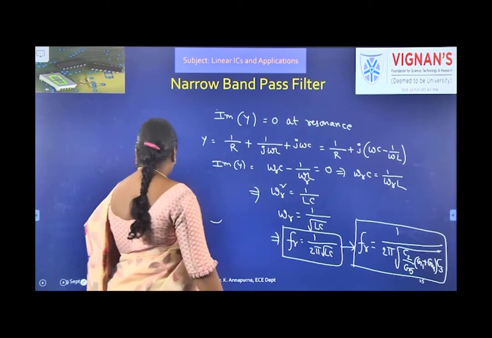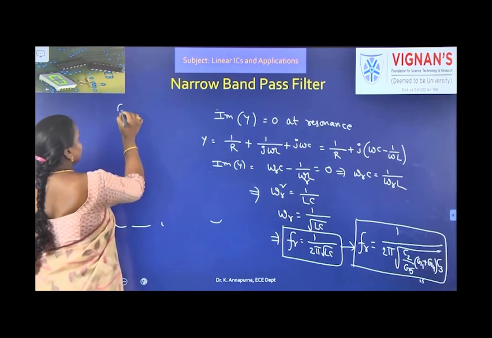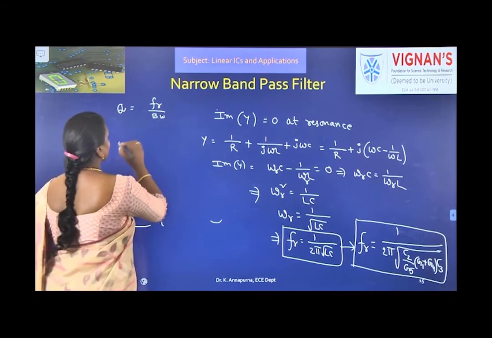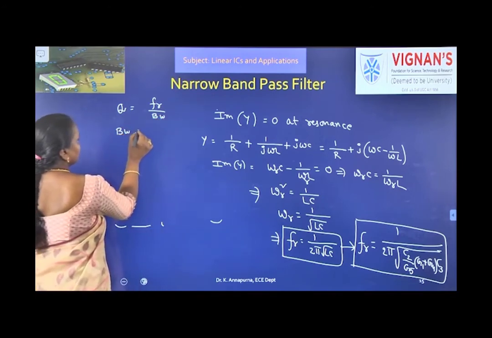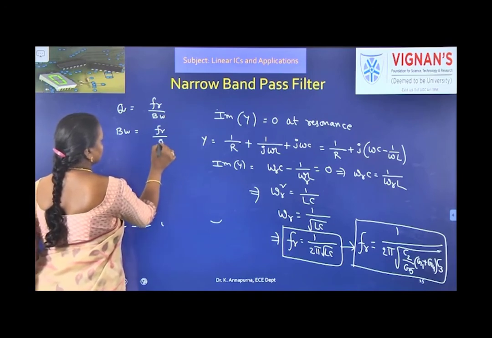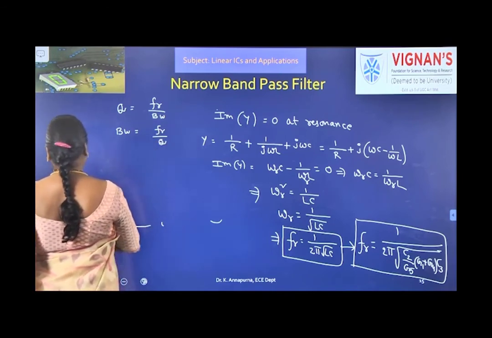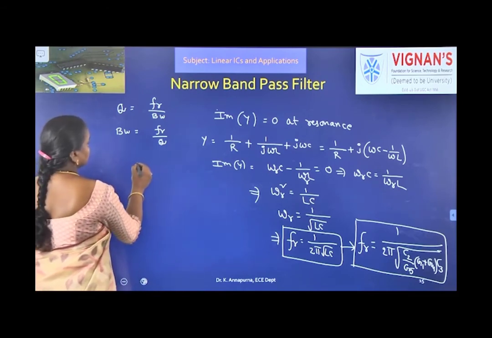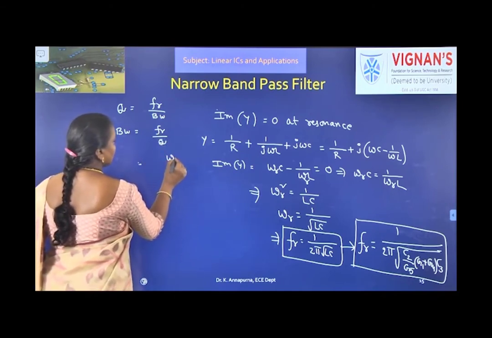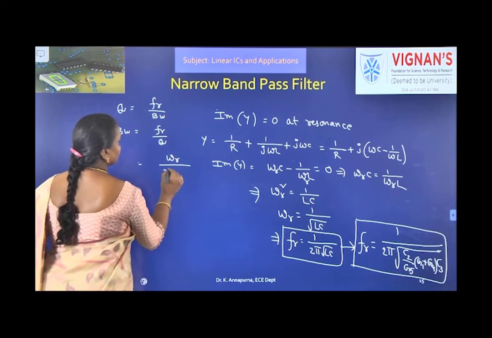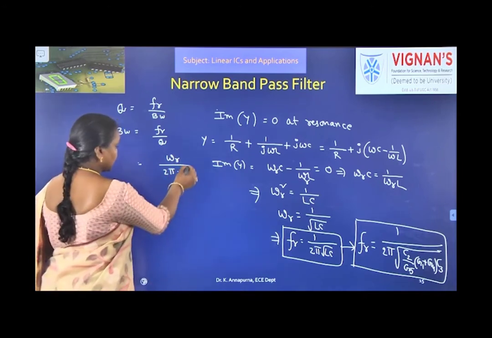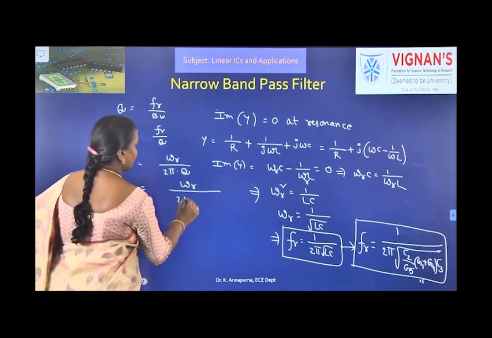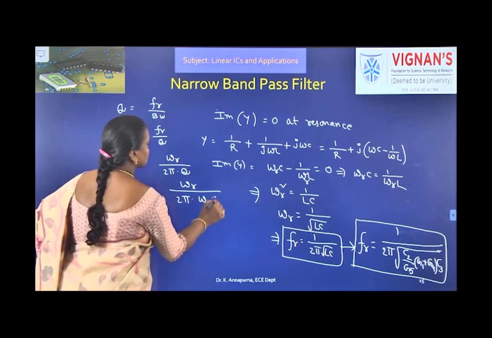And next, to derive the bandwidth, what is Q? Q is equal to FR by bandwidth, right? So bandwidth is equal to FR by Q. So FR can be written as omega R by 2 pi into Q. Parallel resonant circuit, what is Q? It is omega CR. So omega R by 2 pi omega R CR.